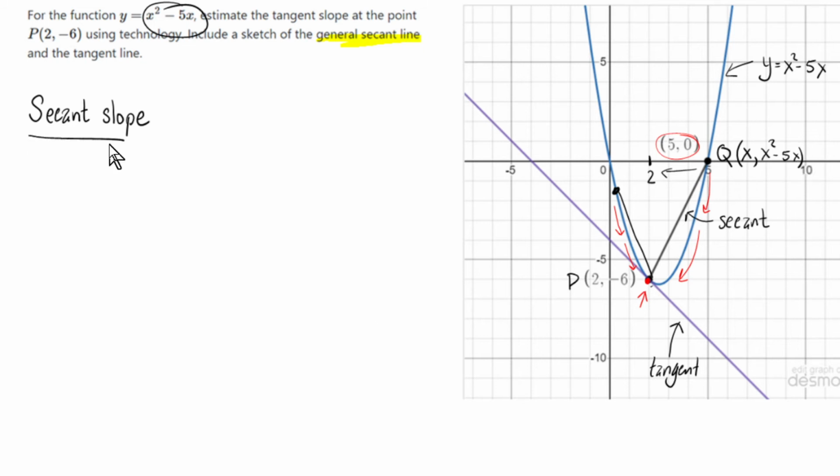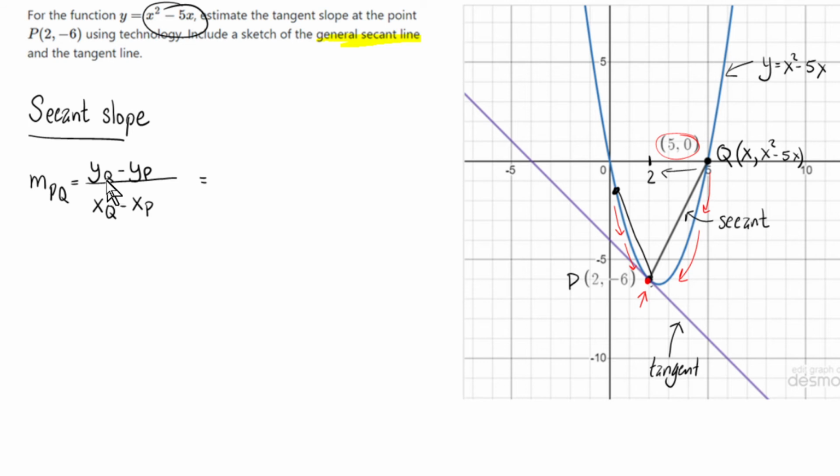So we're using the slope formula. The slope of the secant line connecting points P and Q is going to be the y-coordinate of Q minus the y-coordinate of P over the x-coordinate of Q minus the x-coordinate of P. Now we plug in the expressions that we have.